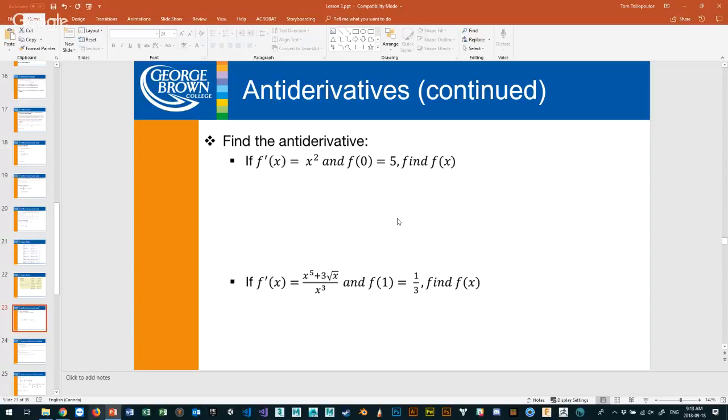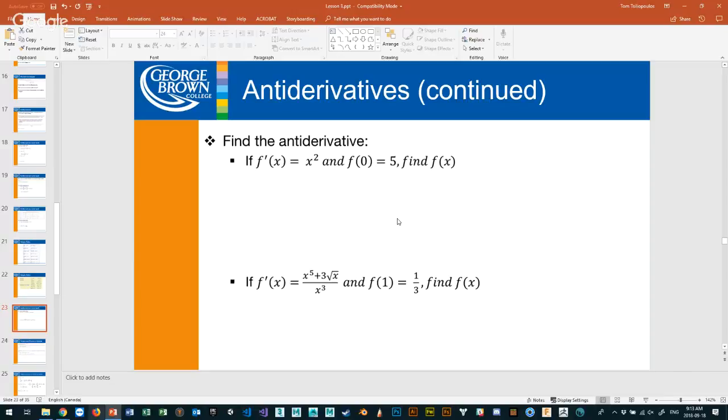So 1/3 x to the third, plus c. And we know when f is 0, c is 5, so f of x is 1/3 x to the 3 plus 5, where c is equal to 5 in this case. Do you see that? That's how we can solve for the constant.